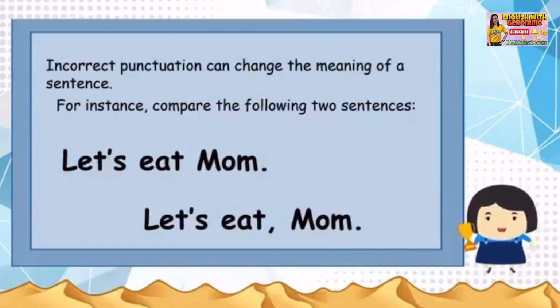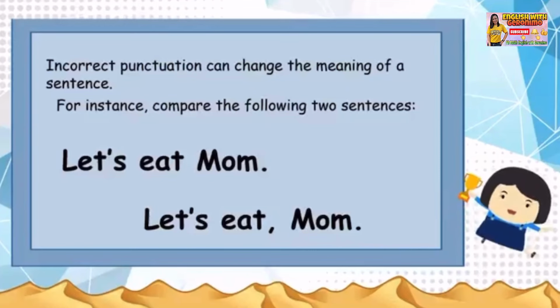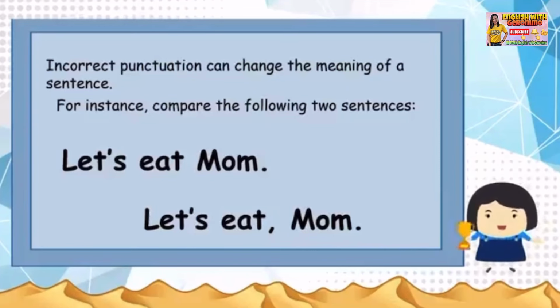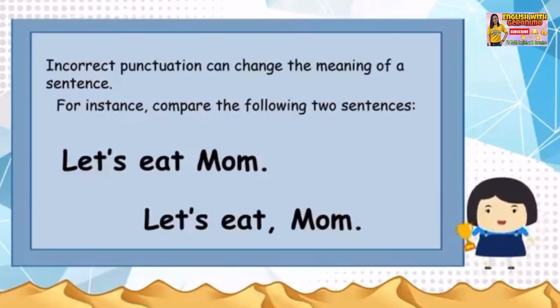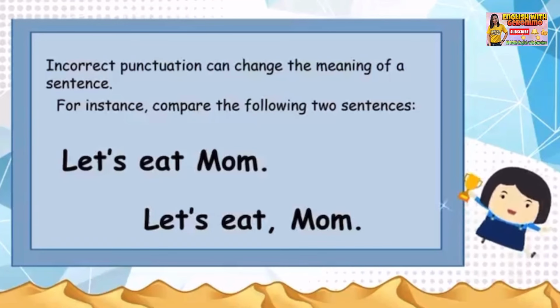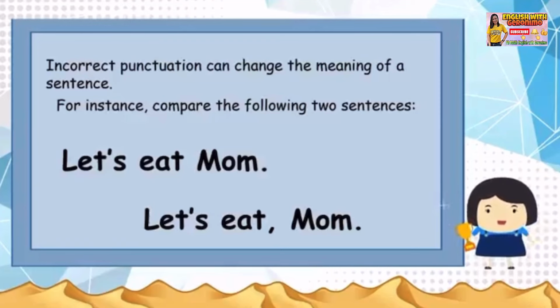Why would you eat your mom, right? Whereas the comma after let's eat in the second sentence helps to convey the meaning that the speaker is suggesting to their mom to go and start eating, which sounds more sensible and may save lives.